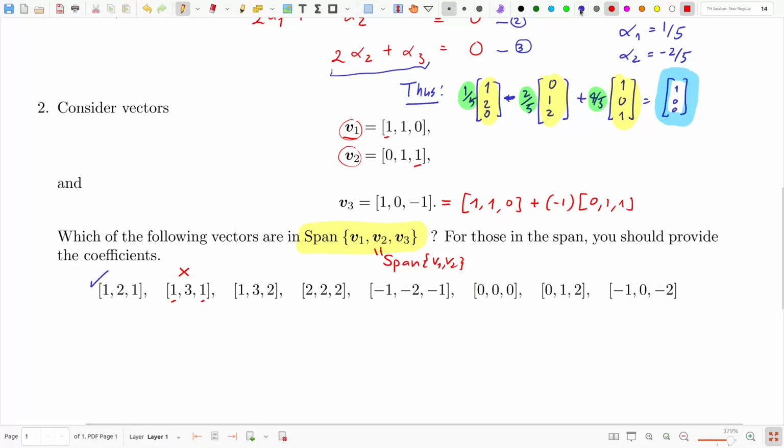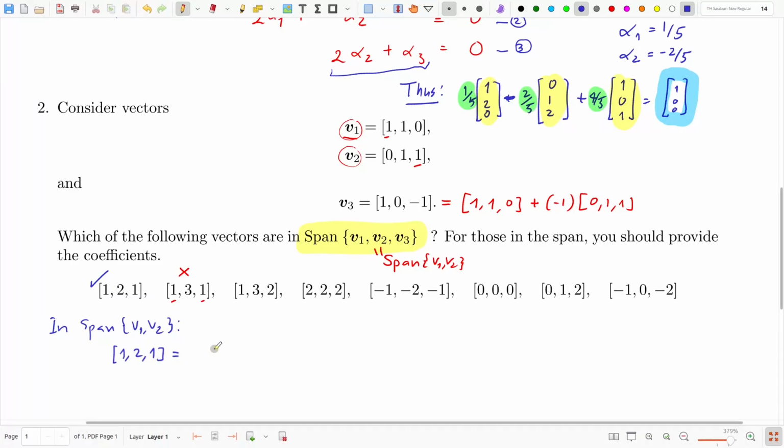And when you want to say this one is in the span, let's write it like this: v1, v2. So 1, 2, 1 is in the span because it's v1 plus 0, 1, 1, right?